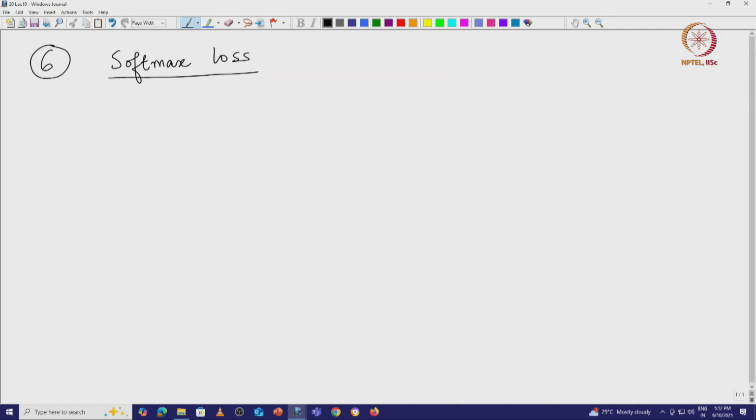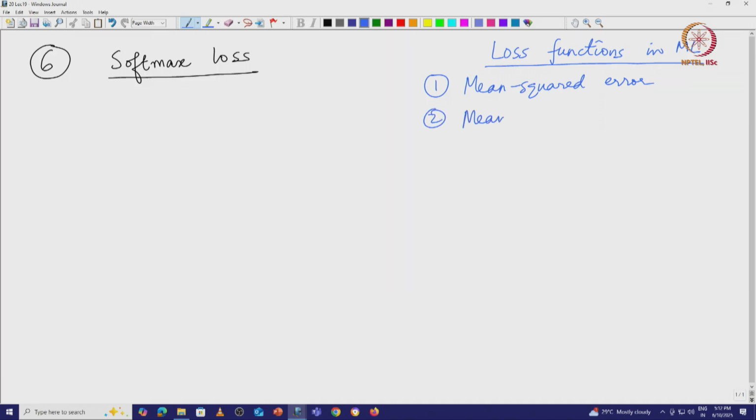And like I had mentioned before getting here, we have already discussed several other loss functions in ML, and that includes your mean squared error, mean absolute error, then the mean absolute percentage error, shortened as MAPE.